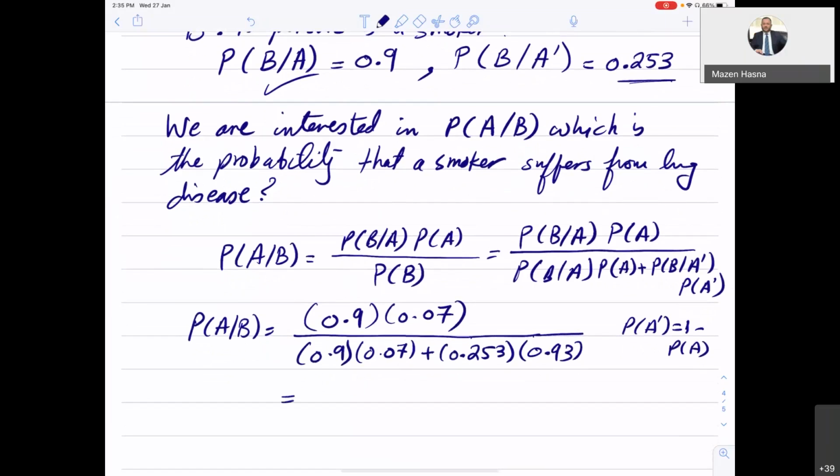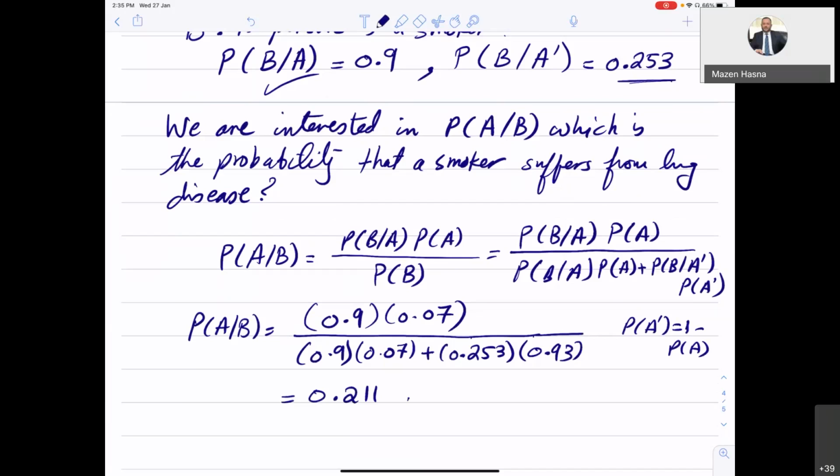So if you calculate this, you will see that this is 0.211, which is not that bad, right? 21%. So the chance that if you smoke you have a lung disease is 21%.